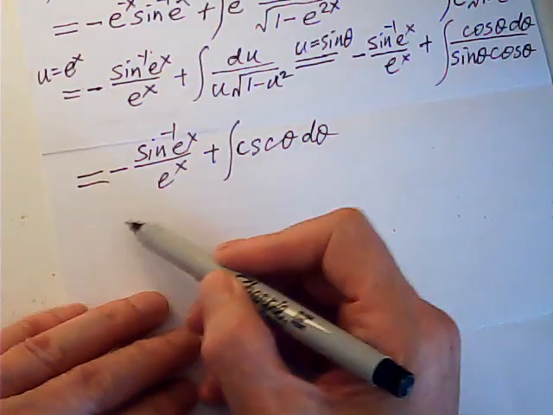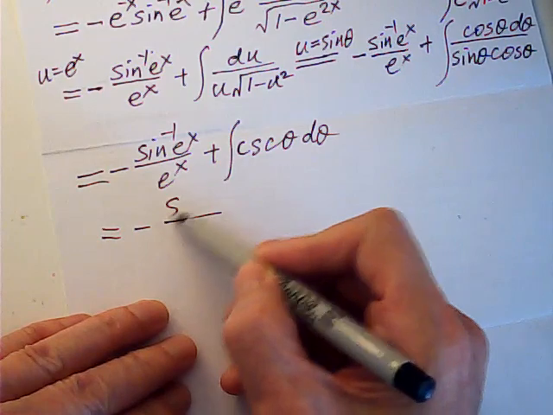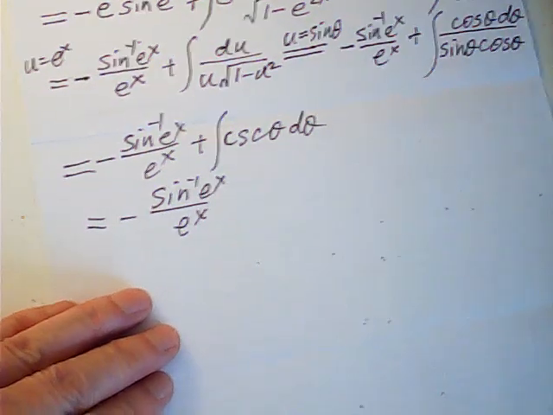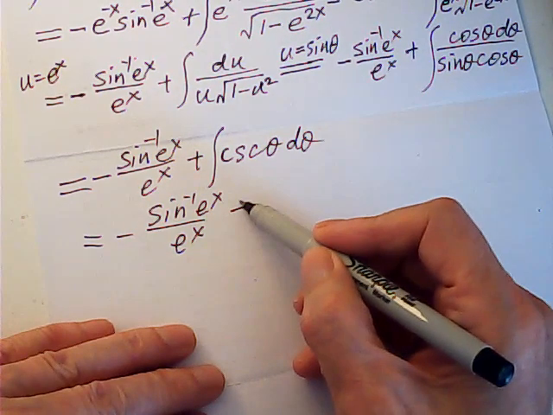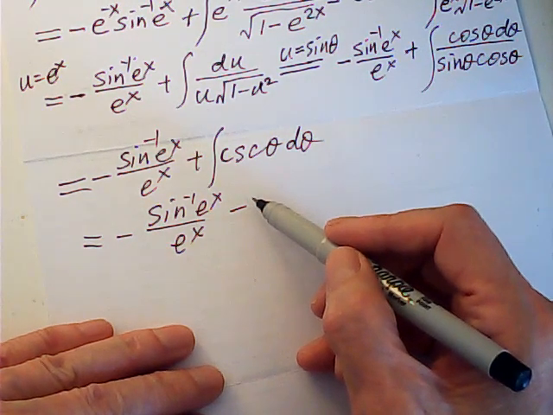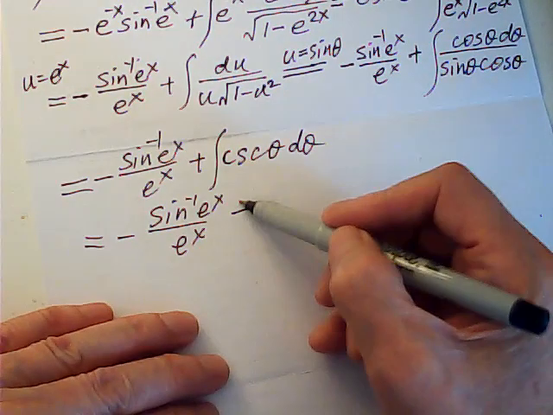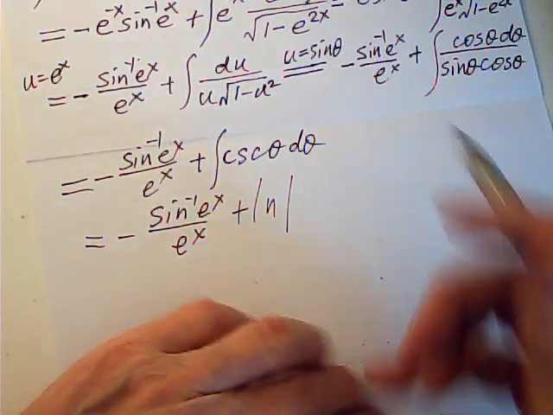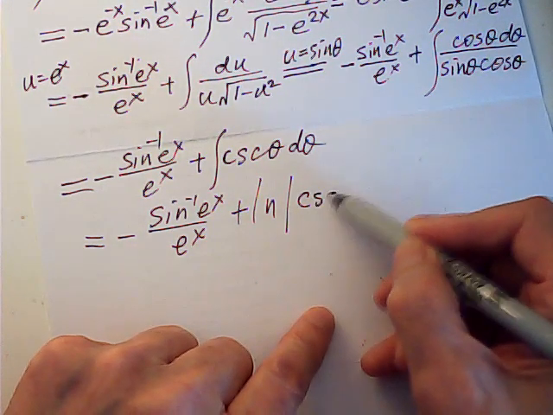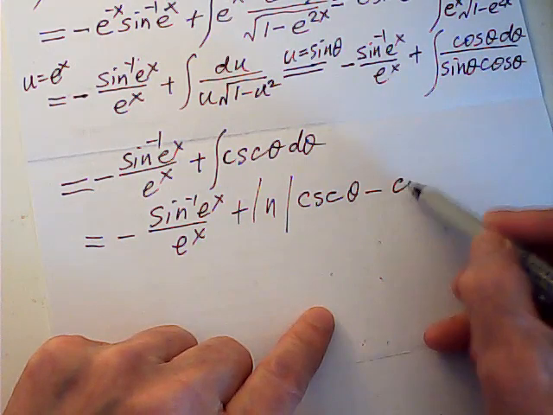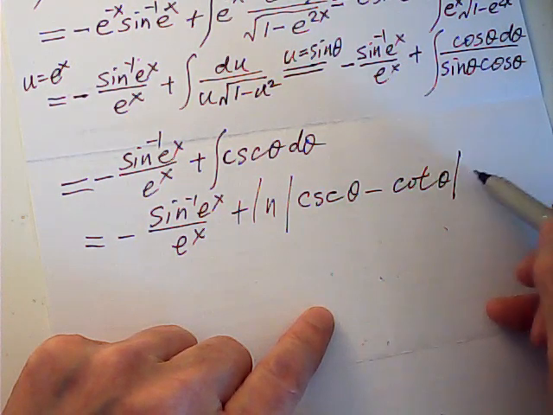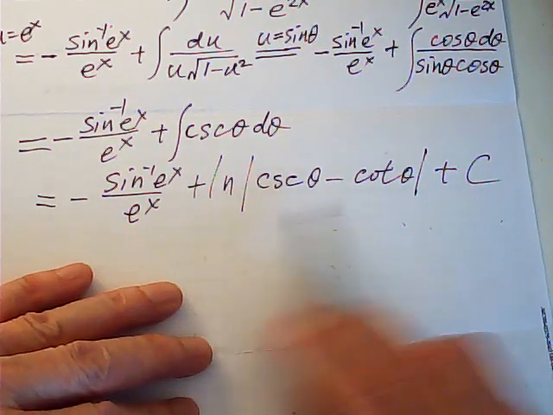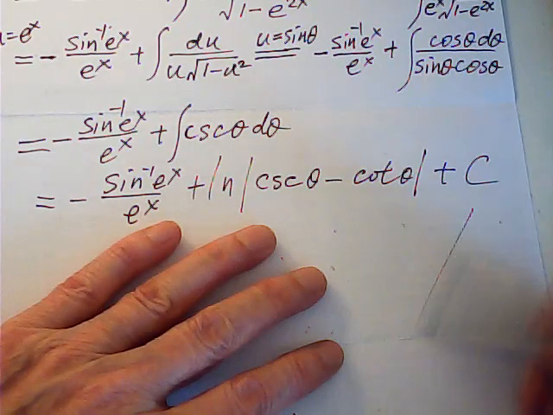So my result is equal to negative arc sine e to the x over e to the x plus natural log of cosecant theta minus cotangent theta plus C, right?